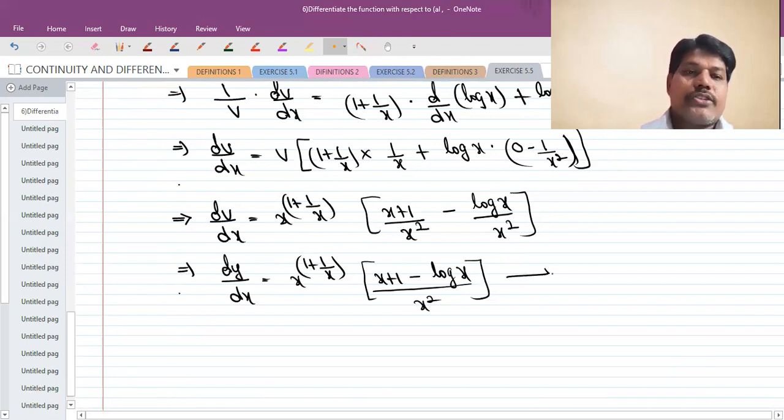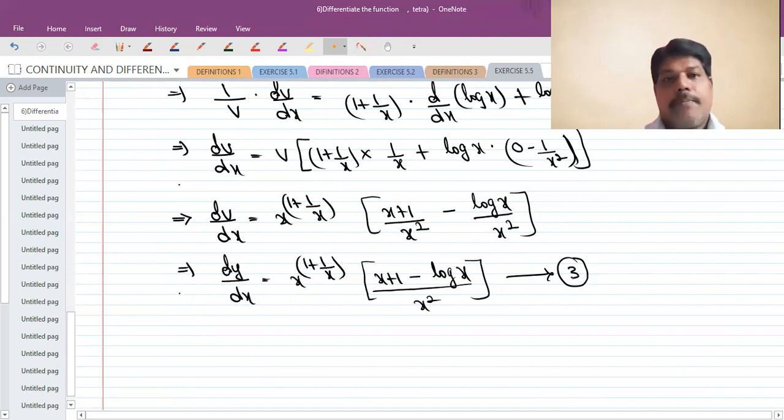So this is the equation number 3. Okay. So these are 3 equations we will put in order.